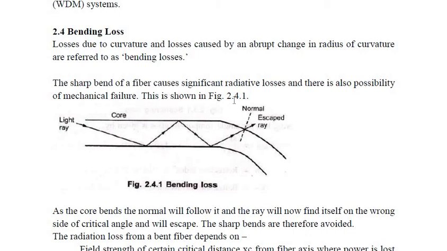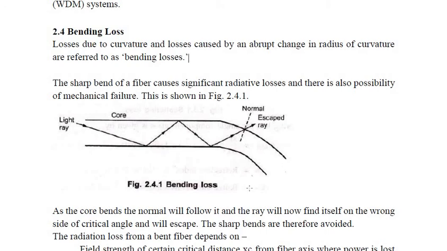This is shown here. This is the core of the fiber where the light ray is traveling, but as soon as there is a bend, this ray may escape. Normally the ray should bend like this, but because of the bend, the ray escapes.